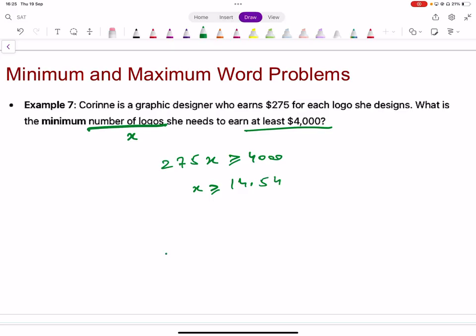What did we write down as the final answer? 15. We're talking about number of logos. That cannot be in decimals. Okay, so the final answer that we write here is supposed to be 15. That's the minimum value of X that we have. Right, Alina? Alina, makes sense to you? Is everything clear?